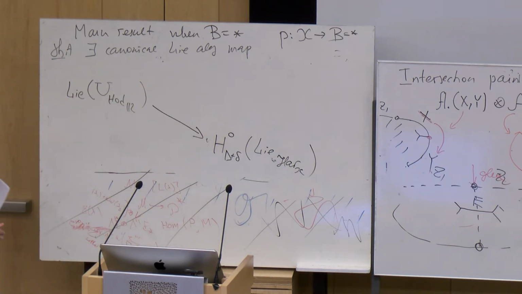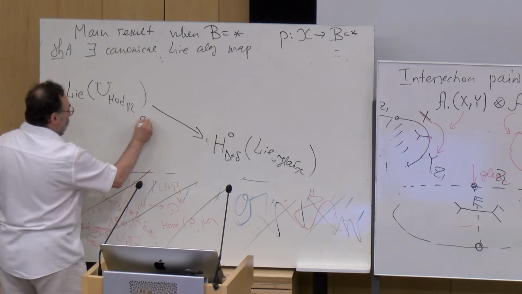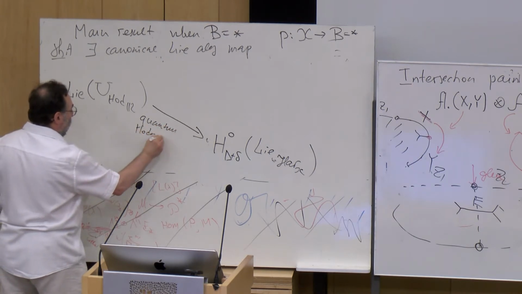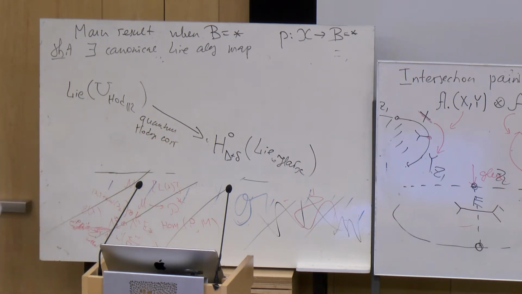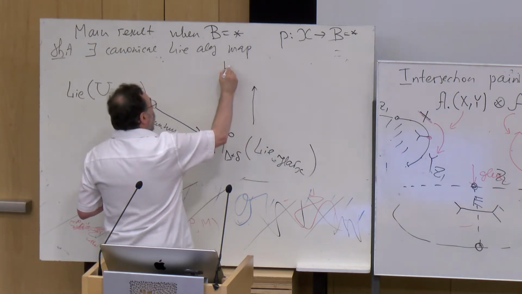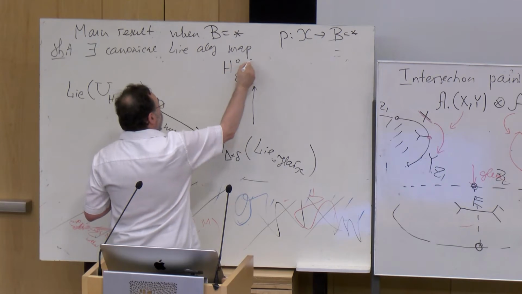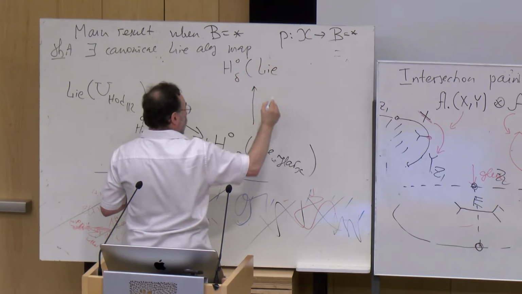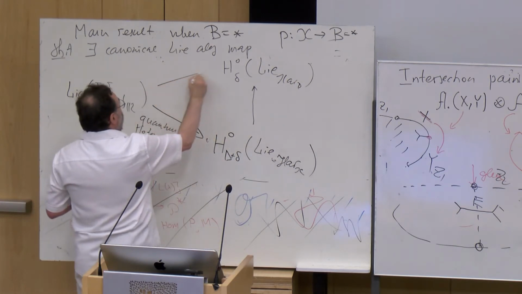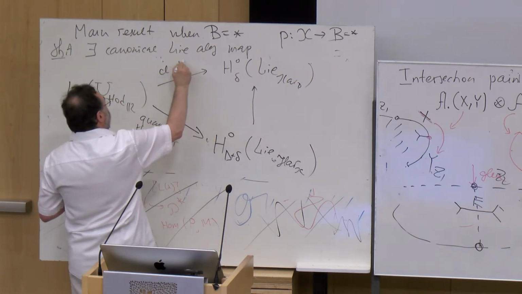Okay? Now I call this map quantum Hodge correlator. I need to construct it. But then, of course, since we have a projection, we can project down to H delta 0 of the same Lie A. And then we have a map here. So this is the classical Hodge correlator.